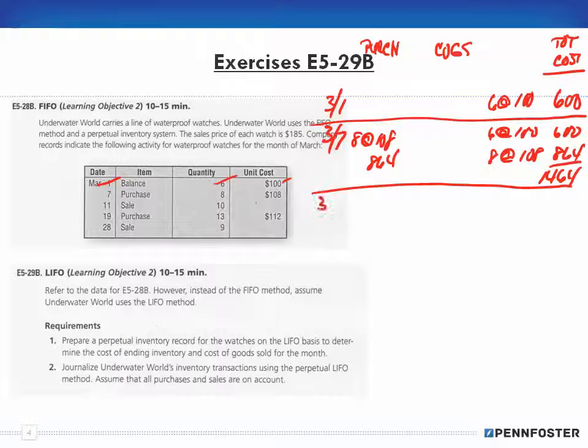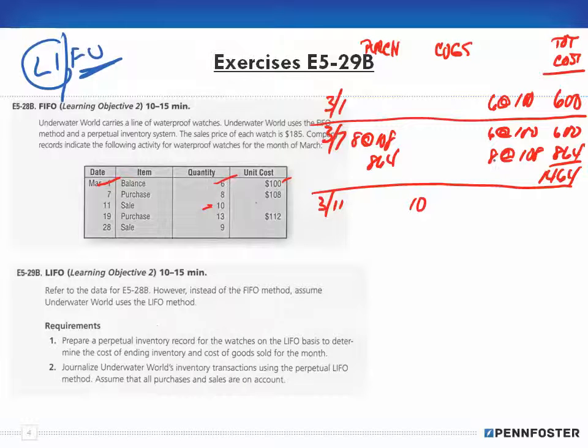Now on 3/11, we're making a sale. We're selling 10. So if we're selling 10, we have to take 10 out of our inventory, and since this is perpetual, and since we're using the LIFO method, remember LIFO is last in, first out.